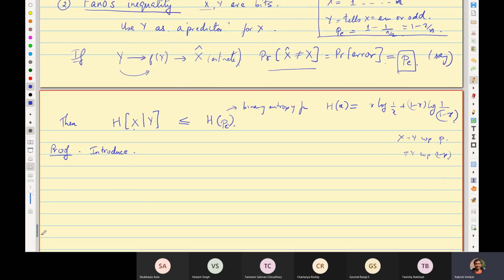So I'll just introduce the technique behind it, and there's no real need to go into the proof currently. It's just the application of the chain rule.